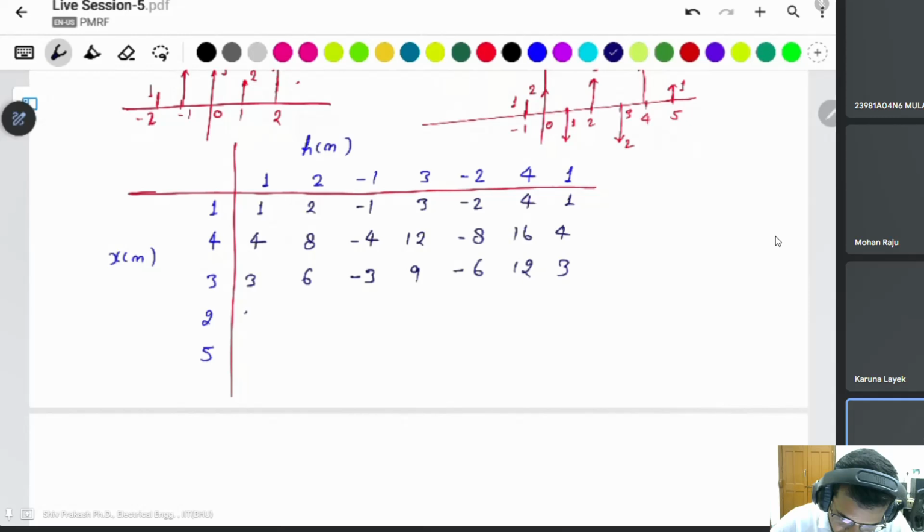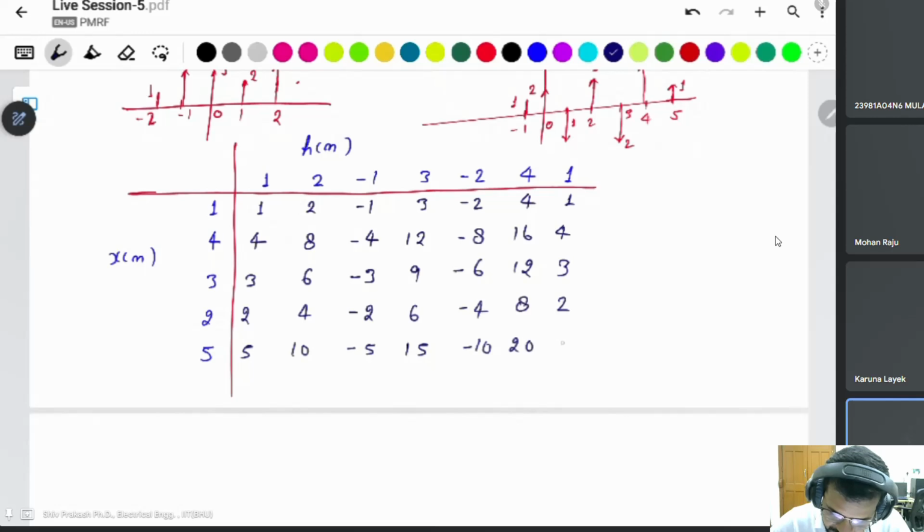Next 2: 2, 4, minus 2, 6, minus 2, minus 4, 8, and 2. Next one is 5: 5, 10, minus 5, 15, minus 10, 20 and 5.